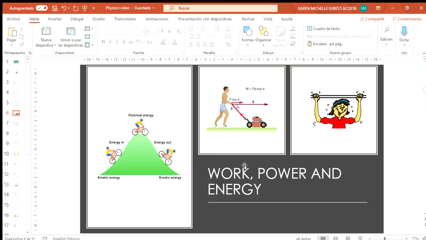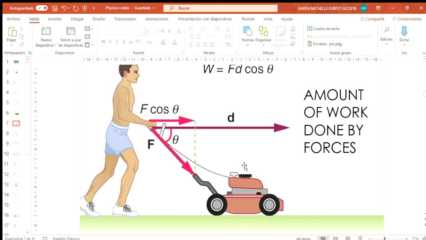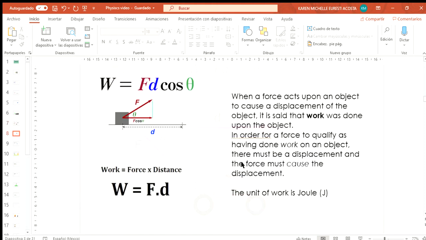Now for work, power, and energy. The amount of work done by forces. When a force acts upon an object to cause a displacement of the object, it is said that work was done upon the object.